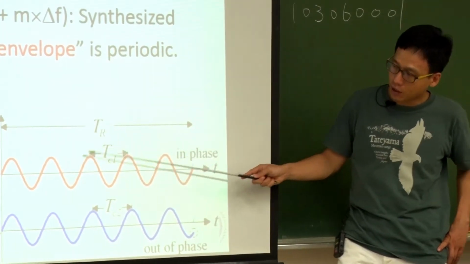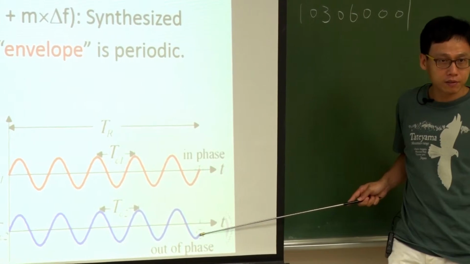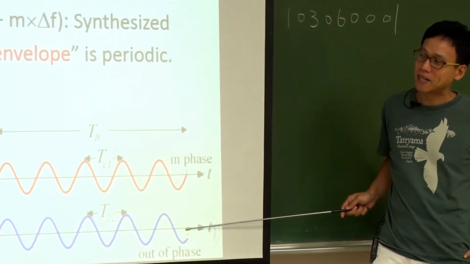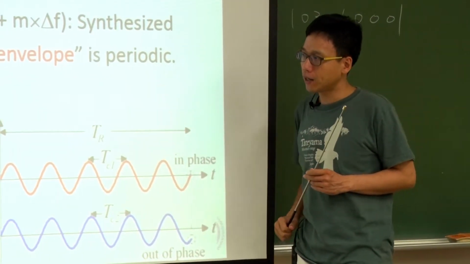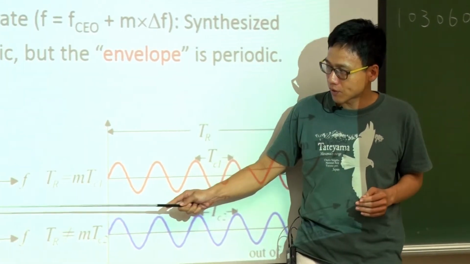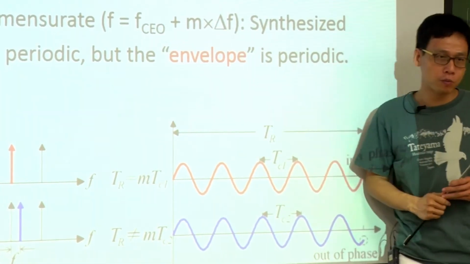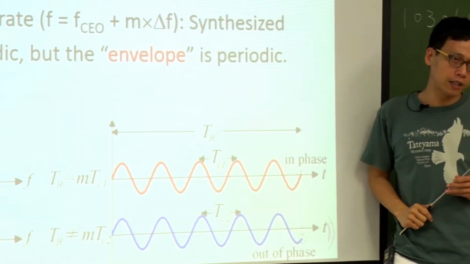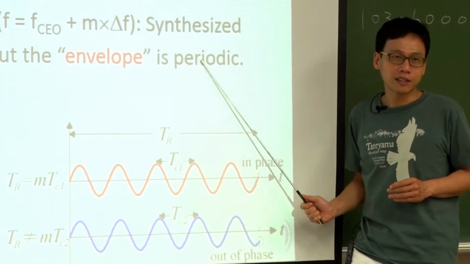Okay? Starting with phase 0, but ending up with no longer phase 0, right? So if you have a waveform synthesized by a lot of frequency components satisfying this formula, then the field is not periodic, but the envelope is still periodic.